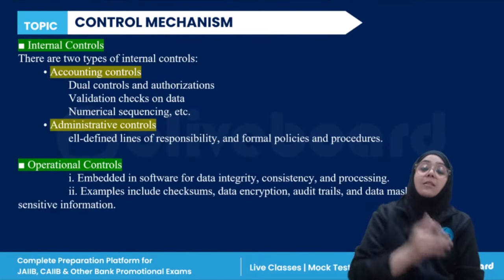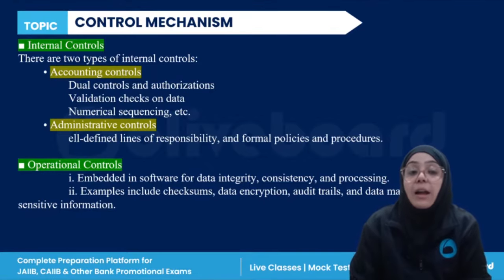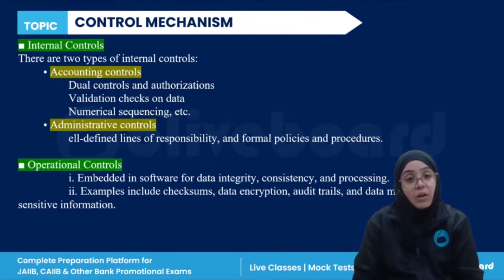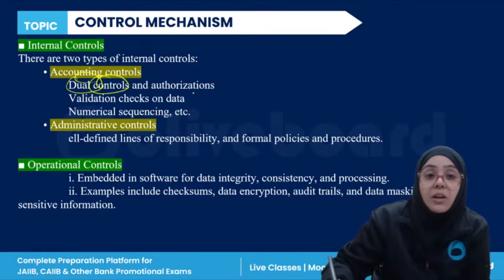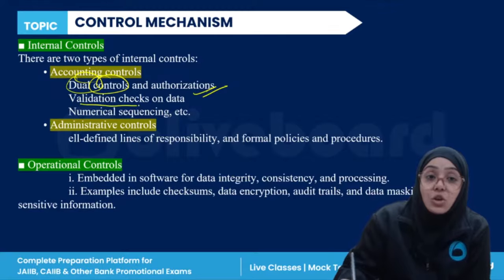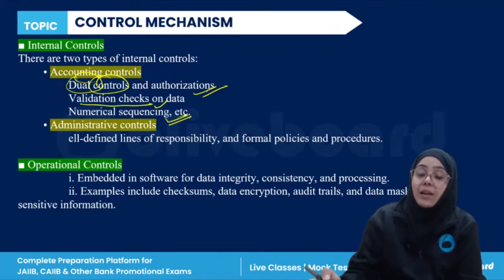Now there can be internal controls also. Internal controls can be of two types: first, accounting control, and second, administrative control. If we talk about accounting control, yes, dual controls and authorizations are there, validation checks on data are there, and numerical sequencings are there.